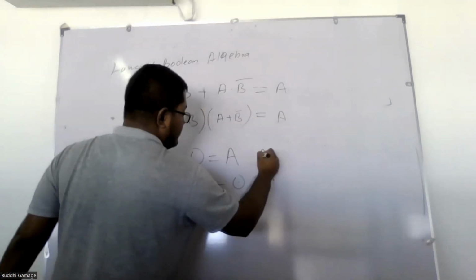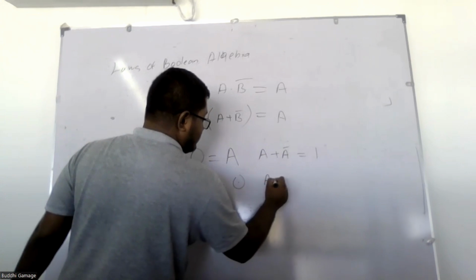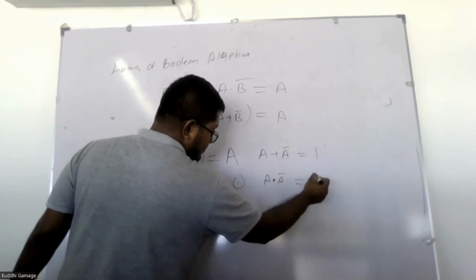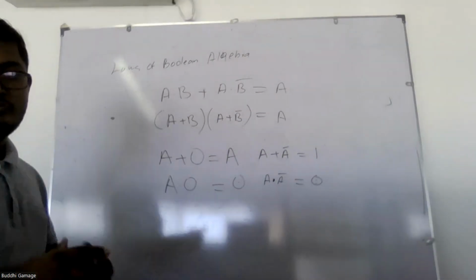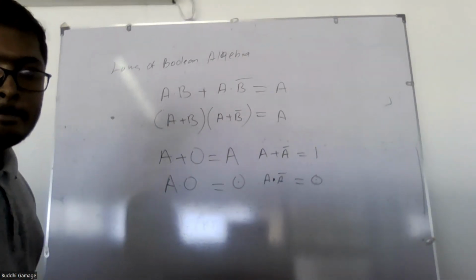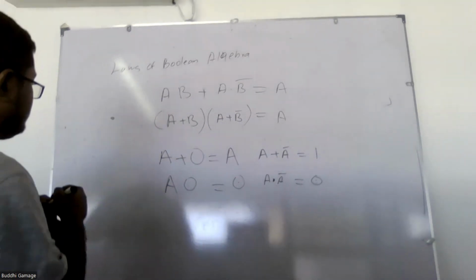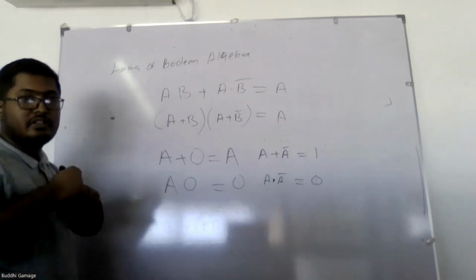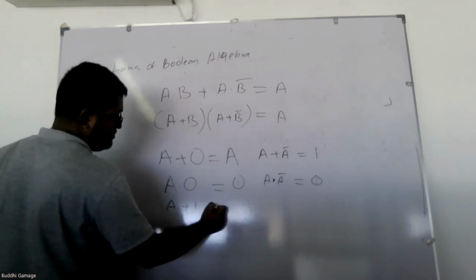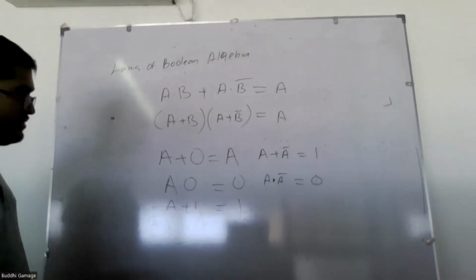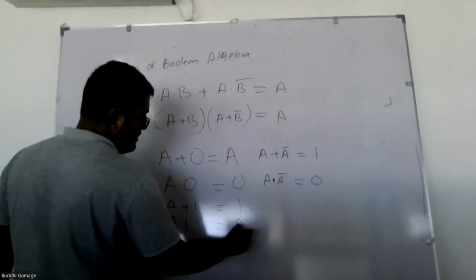And this one, A plus A bar will be 1, A dot A bar will be 0. On this one, A plus 1 will be 1 always, and A dot 1 will be A.